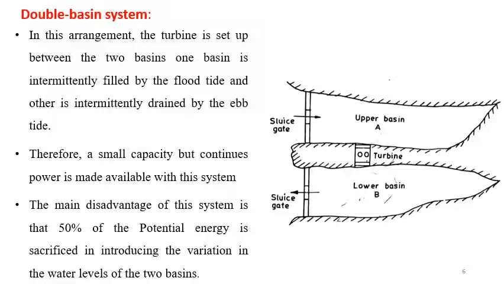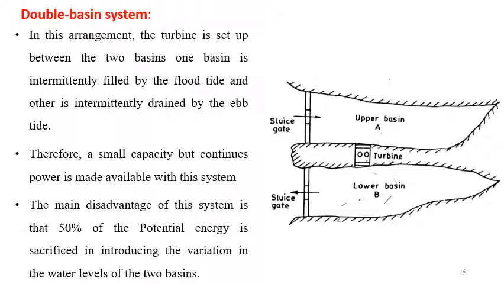So in this particular video we studied the types of tidal power, mainly the single basin system and double basin system. In the single basin system we studied there are three types.